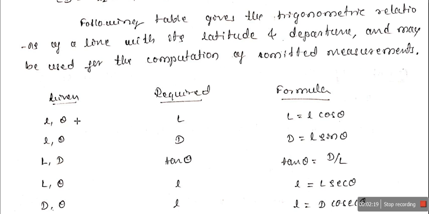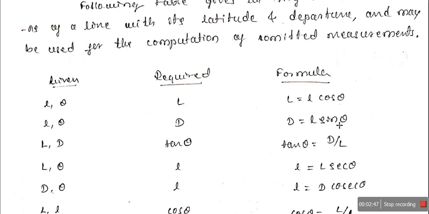For example, you already know that the latitude formula is L cos theta and the departure formula is L sin theta. If in the problem they have given the length of the line and the direction of that line, that is L and theta, then you can use it directly: latitude is small l cos theta, and similarly for departure you can use l sin theta.